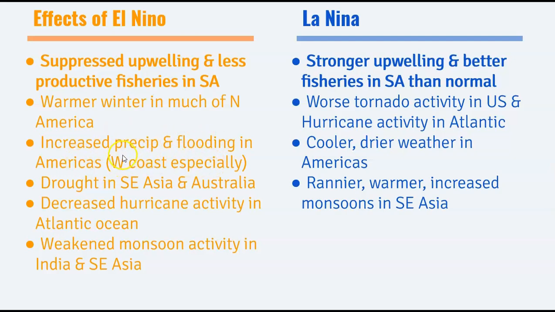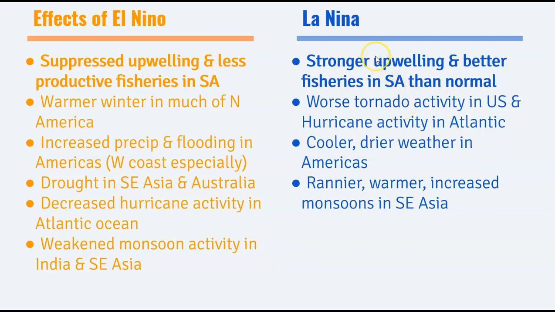Remember, all that warm water, all of that rain is moving east, so we're going to get more rain on the West Coast. And drought in Asia and Australia because the warm water is moving away from them. The rain is moving away from them, so you're going to get drought. You get decreased hurricane activity in the Atlantic Ocean, and you get weakened monsoon activity in India and Southeast Asia, again, because that warm water is spread out eastward in the Pacific Ocean.